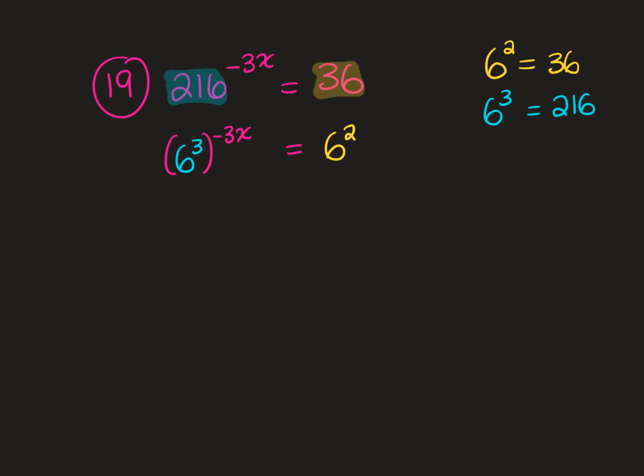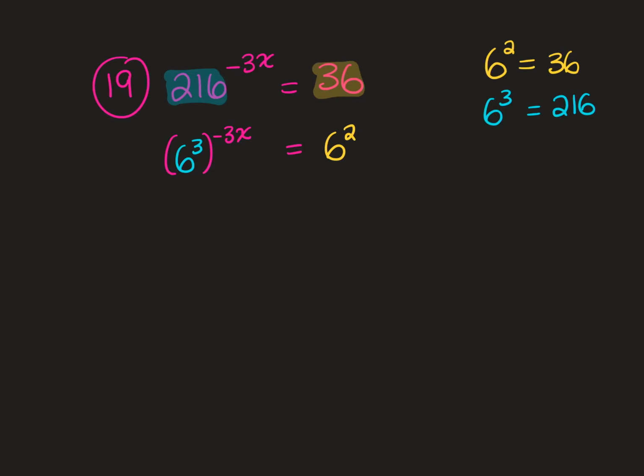So now we're in that same situation we were in a minute ago, where the bases are the same on both sides. So we really have to think about what's going to make the powers equal. The only thing that might get in your way here is understanding your power rules.